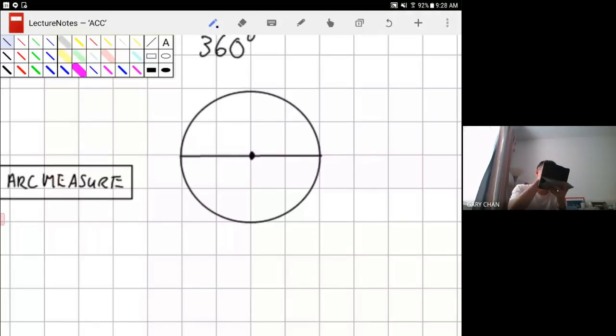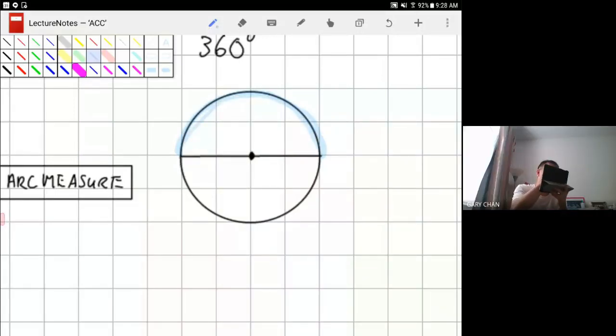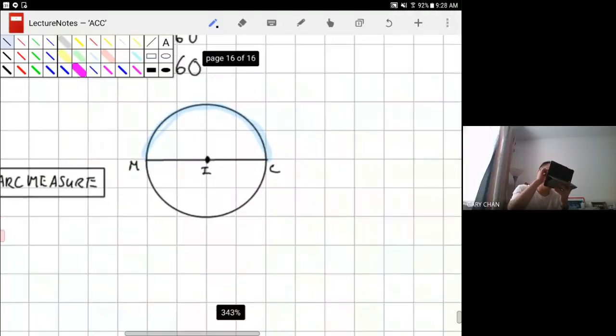So if you look at this half right here that I'm highlighting in blue, what's the arc measure? 180. The arc measure here is 180. I'm going to call this MIC.